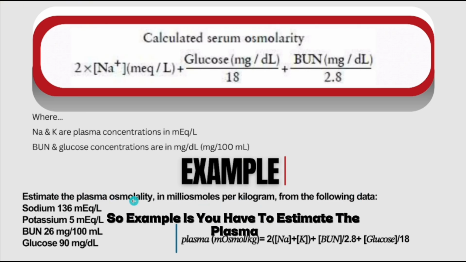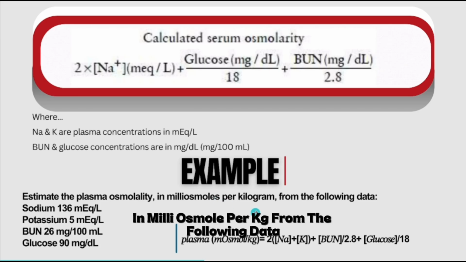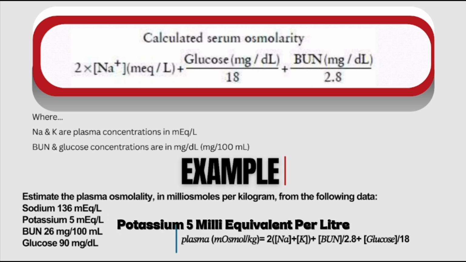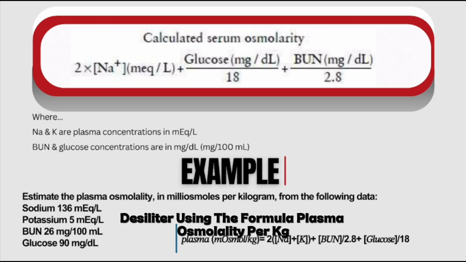So an example: you have to estimate the plasma osmolality in milliosmol per kg from the following data. Sodium is given as 136 milliequivalent per liter, potassium 5 milliequivalent per liter, BUN 26 mg per 100 ml, and glucose is 90 mg per deciliter.